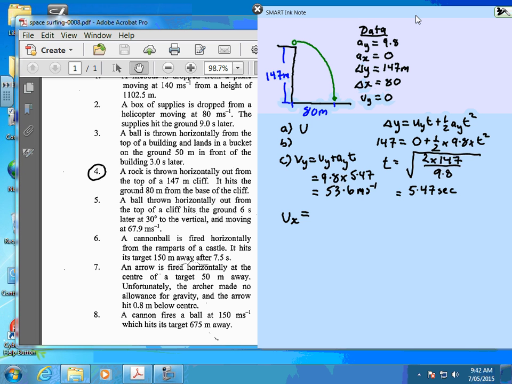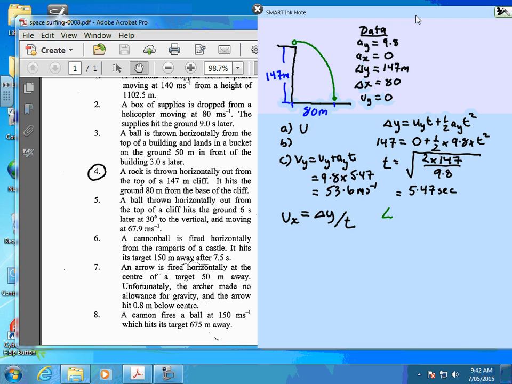So UX. What I'm working on now is this one to find UX. Okay? So UX is going to be delta Y divided by time. Now, if you don't know where I got that from, I'll show you. Oops, what am I doing?